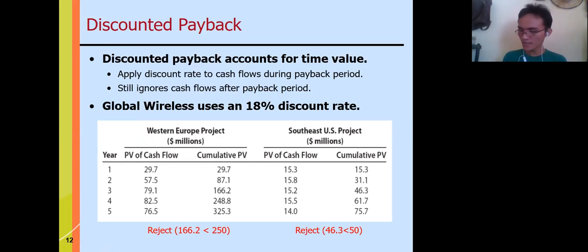And we do the analysis now. So the analysis is similar to payback period wherein, whatever the total amount of investment, we count 1 year for the cash flows of that year for as long as the cumulative PV is not yet equal to the cost of investment.